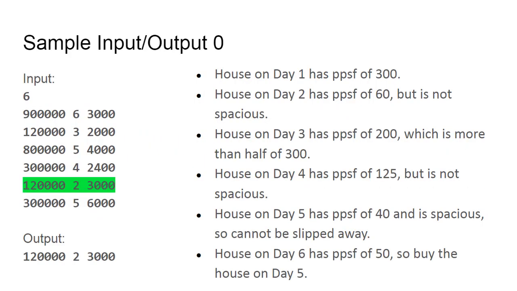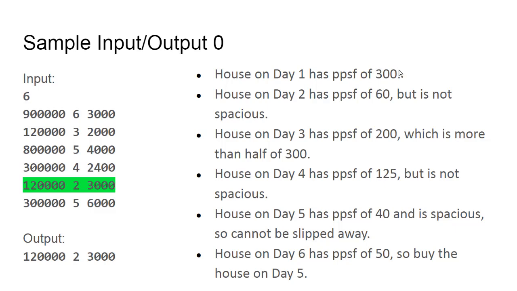So let's look at some examples. In the first sample example, we have 6 houses. On day 1, this house becomes available. This one is definitely spacious, and it has a PPSF of 300. So actually among these test data, 300 is the highest PPSF.